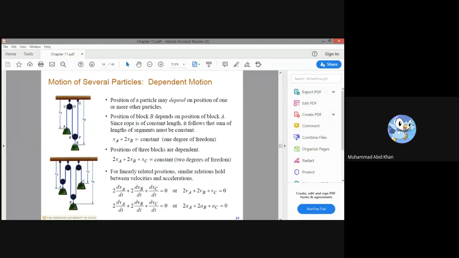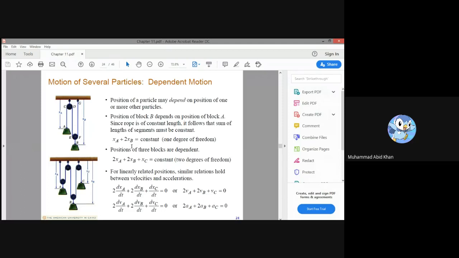It follows that the sum of the length of segments must be constant: xA plus 2xB equals constant. This one is 1 degree of freedom.